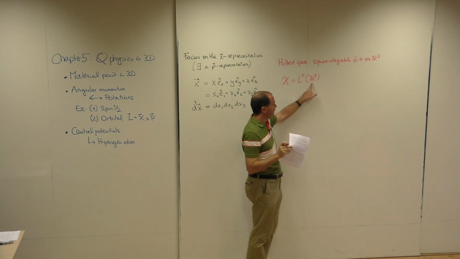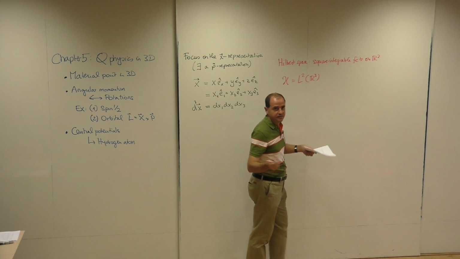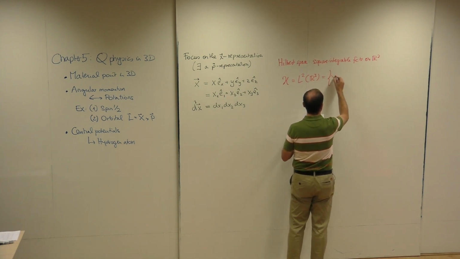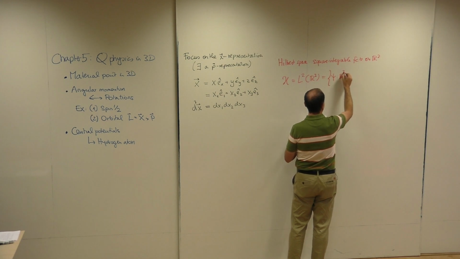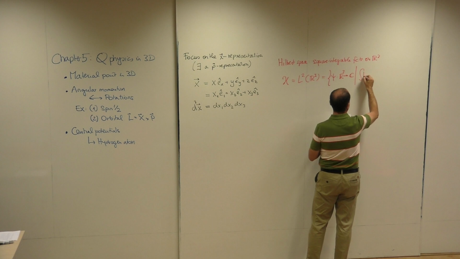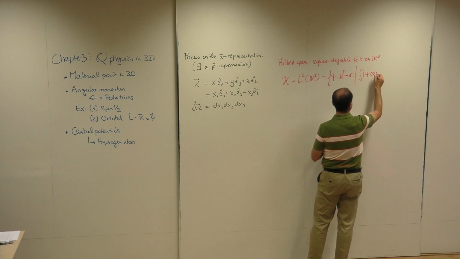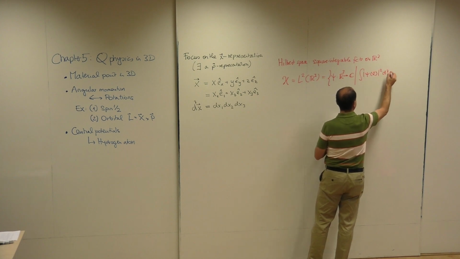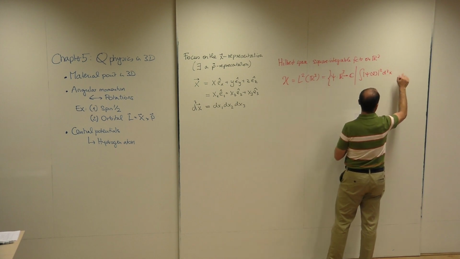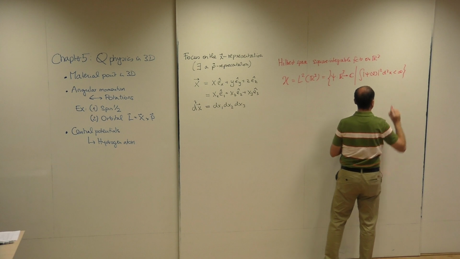Before it was L2 of R, and it is defined, as you can expect, as the set of functions psi from R3 to C, such that the integral of psi of x squared d3x is less than infinity, and then we normalize it later to be 1.